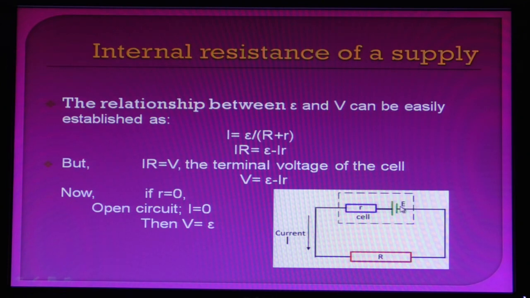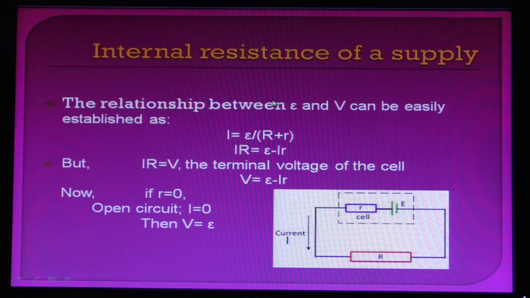Inside the battery, there are electrodes, electrolyte, and a chemical solution, and chemical action takes place. Due to this, a resistance appears, known as internal resistance. Here we have split it in this form: the enclosure provides the battery EMF epsilon, and along with it there is an internal resistance of this battery, indicated by small r.